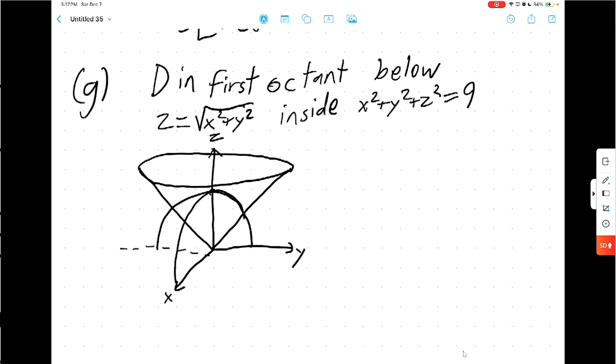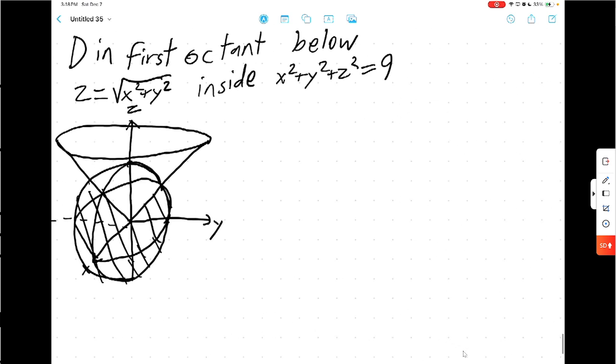Something like that, and then it's something like this bottom region here, below the cone.